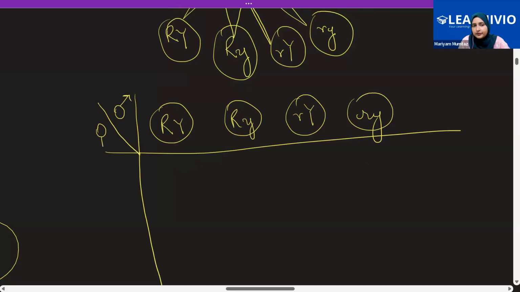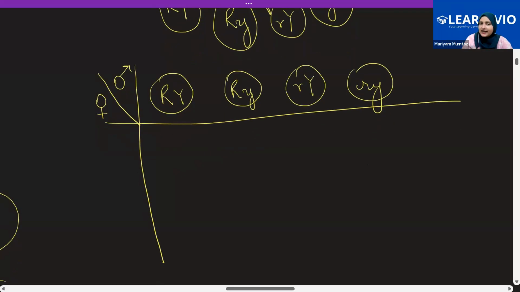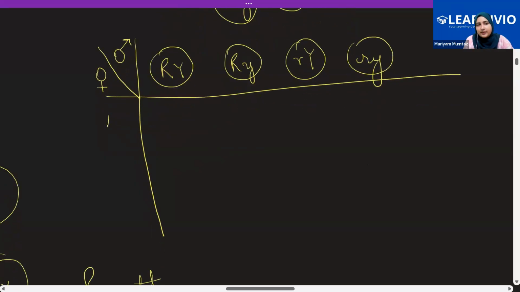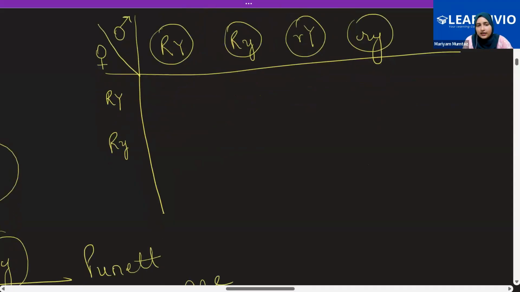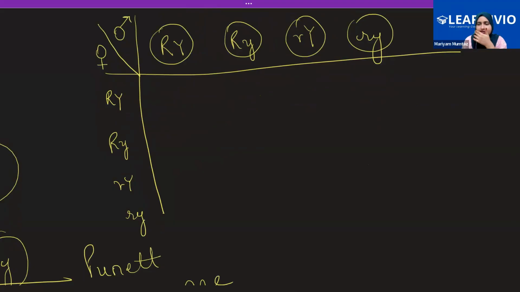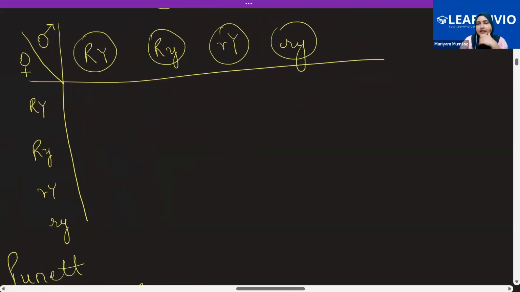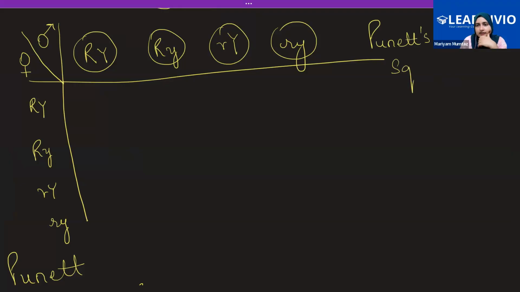Below, you make the female set of gametes, exactly the same: capital R, capital Y, capital R, small y, then small r, capital Y, and lastly small r, small y. Understood? This thing that you have made is called the Punnett square. This is like a checkers board to find out the genotype of the F2 generation. Up until now, the steps are clear to you?